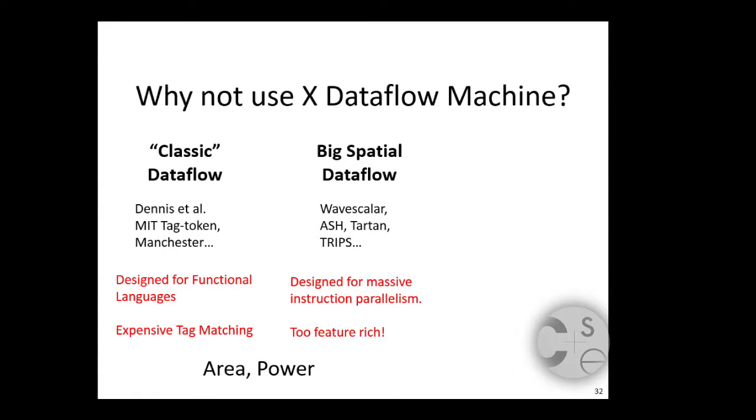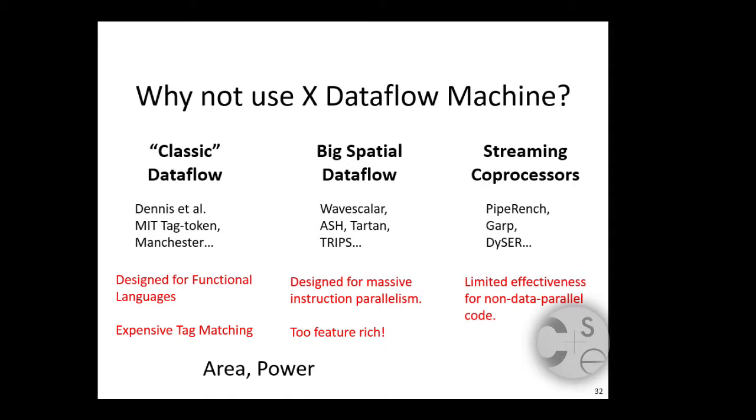So overall, these are just high area and power solutions if we want to embed them next to a general-purpose processor. The other class are streaming coprocessors, which have some elements of dataflow execution. The existing ones tend to be very good at data parallel code and not so much for other types of code. So these don't work mostly for generality reasons.